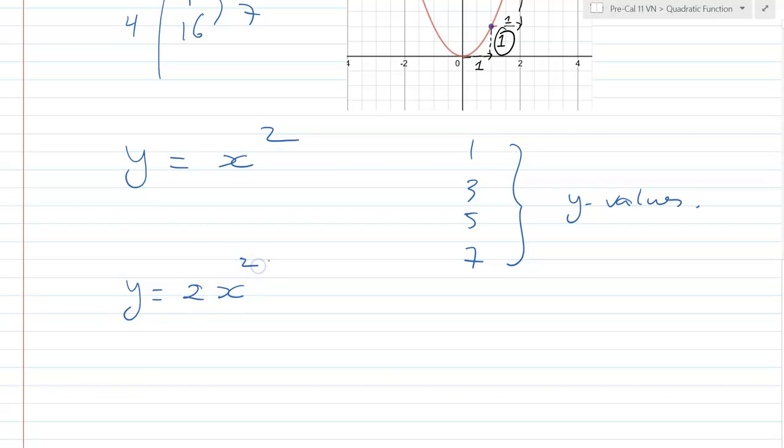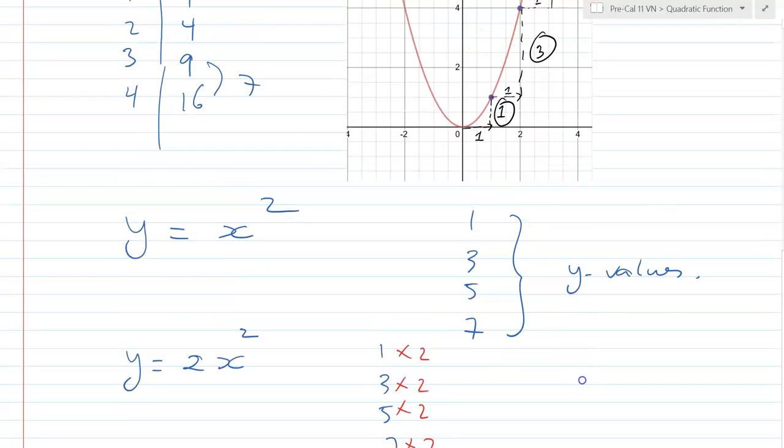But if it turns out that you have y equal to 2x squared, all of these values, the 1, 3, 5, 7, dot, dot, dot, are just being multiplied by that factor in front. So instead of 1 over, 1 up, 1 over 1 up, so let's go back up here.